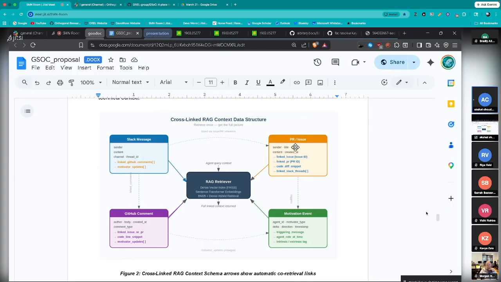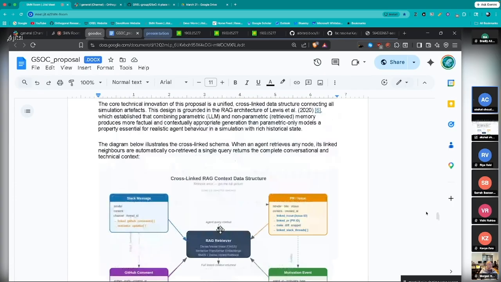We can have a PR or issue memory if it wants to review some previous issue or PR that has been published. And then the main part here is motivation events. We will decide how the motivation will be affected through some mathematical formula, or we can also ask some pre-trained sentiment analysis models, and this will make up the RAG retriever part.